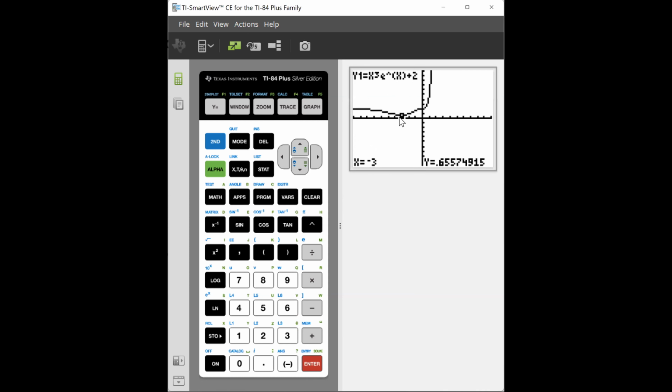So we can see our little cursor here blinking at -3. That is a local max, or I'm sorry, a local min. It could be an absolute min. We don't really know for sure on the left-hand side, but because there's no other critical values, it's safe to assume that is, in fact, an absolute max or minimum. That is an absolute minimum. Does that make sense?